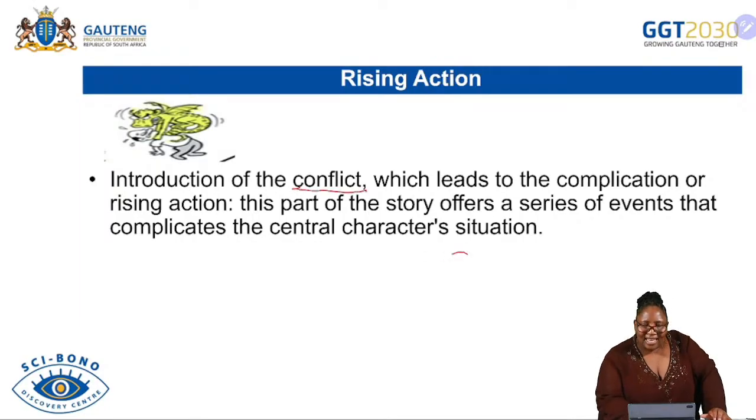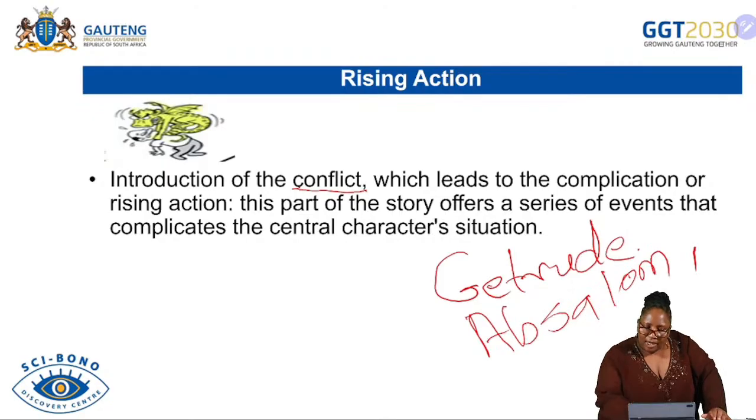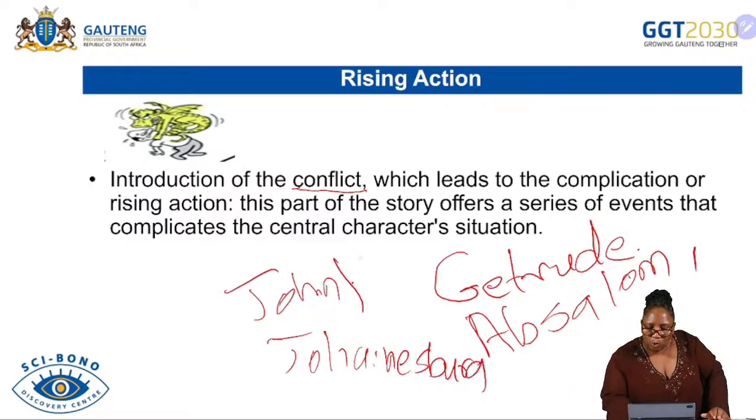He has a sister called Gertrude. He has a son called Absalom. He has a brother called John. And where are these three people? They have all gone to Johannesburg. But the letter is not touching on the two, on John and Absalom.